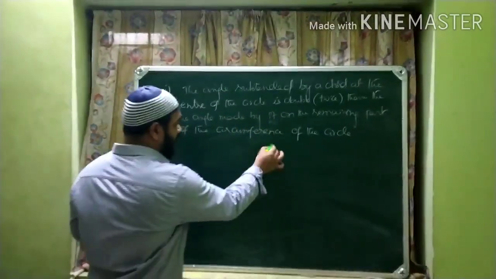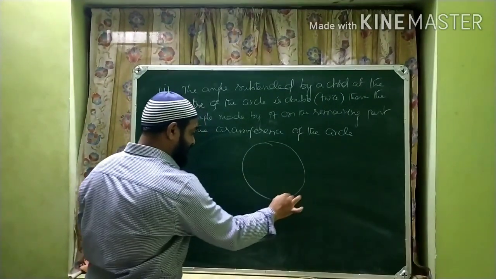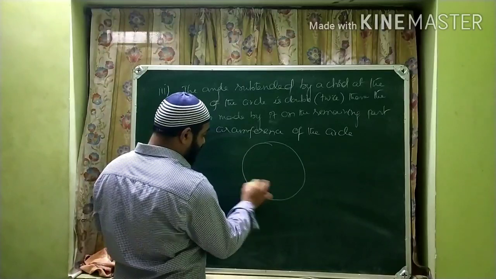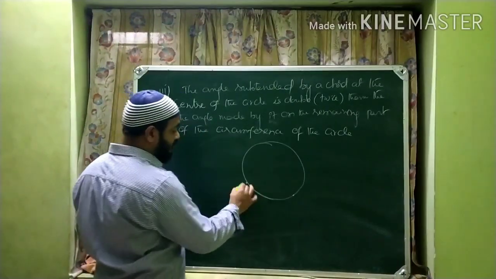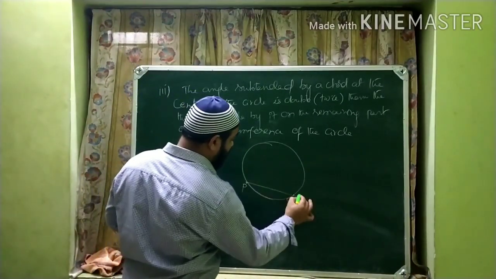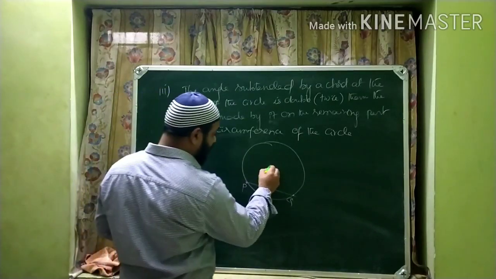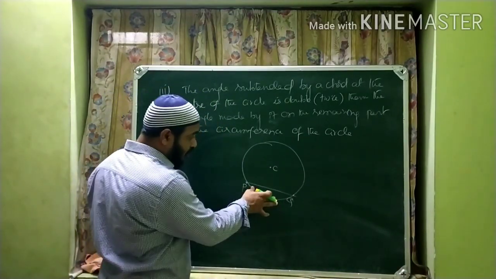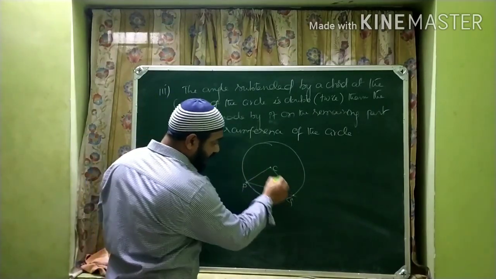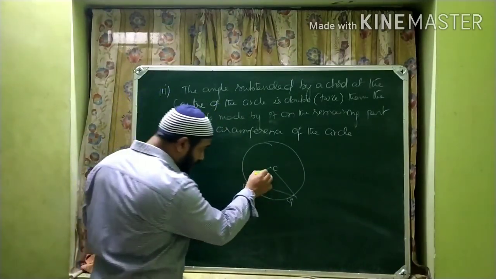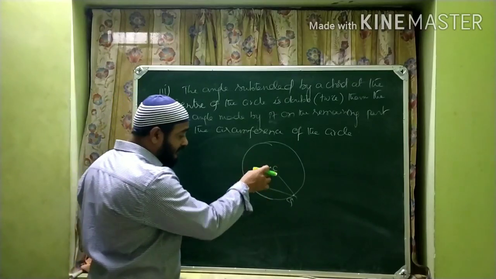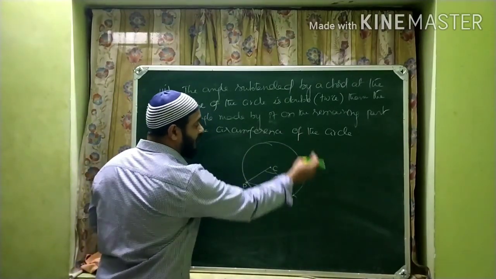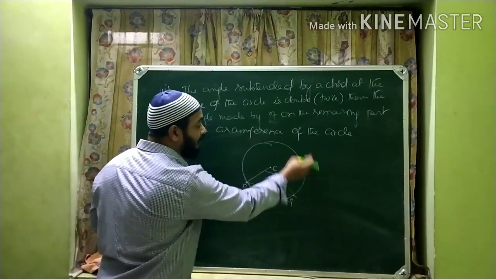That means, let us suppose this is a circle. Let these 2 points P and Q, this is a chord. So this is the center of the circle. The angle subtended by this chord at the center is double the angle subtended by the similar chord PQ on any remaining part of the circumference, on the major part of the circle.